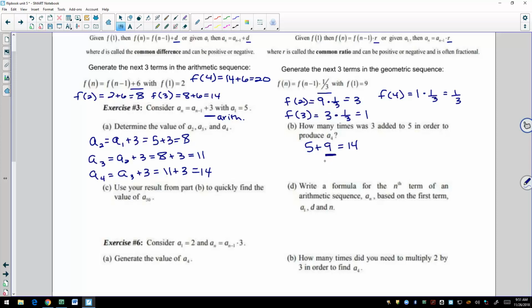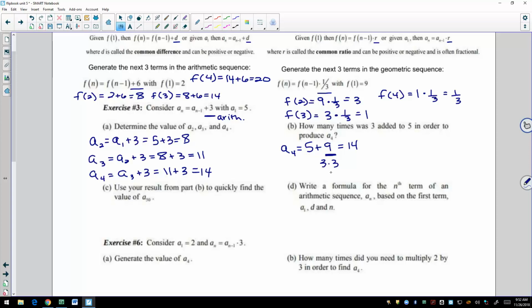It was added 3 times. So that was to get a sub 4. So again, it's always one less. Whatever term you're finding, you're adding whatever the d is. The d in this one was 3. So you're adding 3 times to get a sub 4. If you were doing a sub 5, you would add 3 4 times.